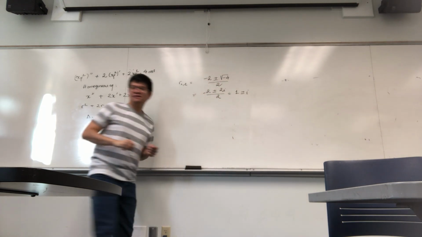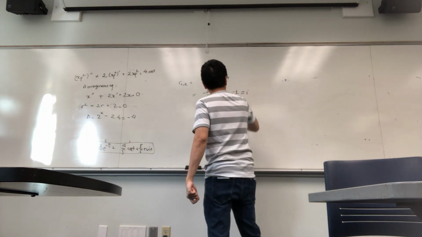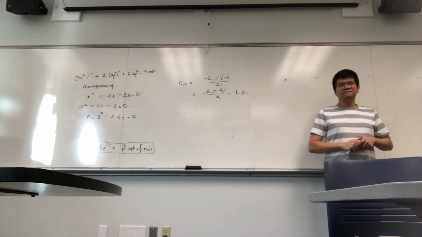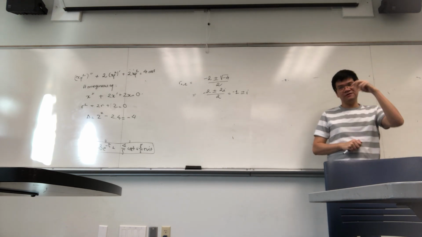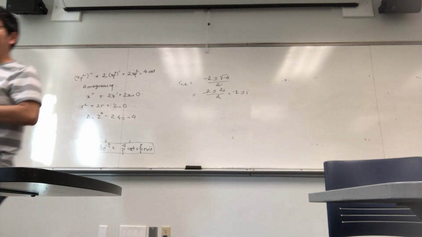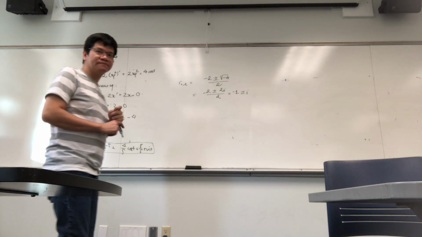All right, excellent. So now, what are the two solutions of this equation? E to the negative t times cosine t, and the other one is e to the negative t times sine t.